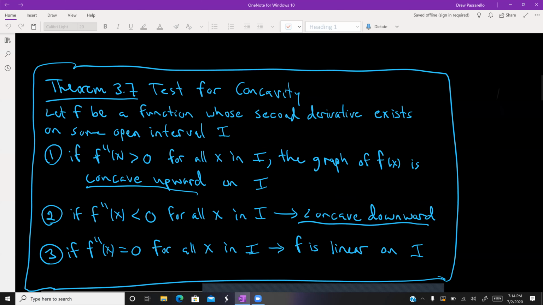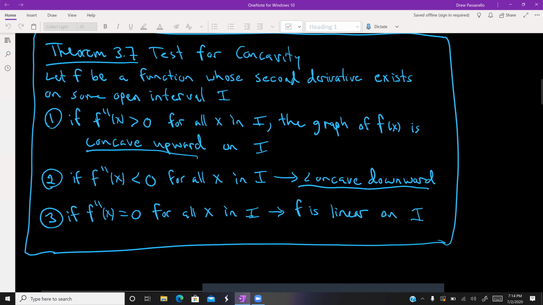And second condition, if the second derivative is less than 0 for all x in the interval, it's concave downward. In other words, the second derivative is negative. And then the third scenario is if the second derivative equals 0 for all x in some interval.